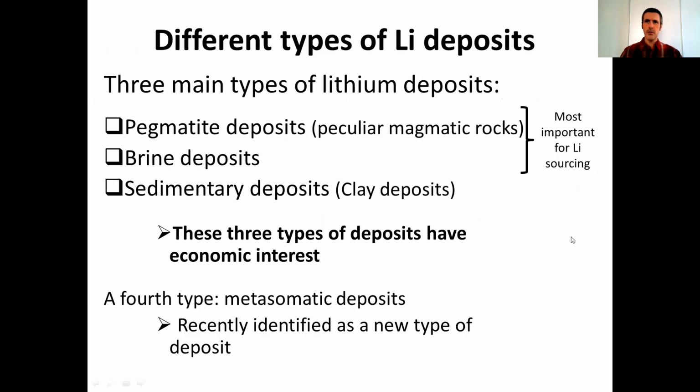And in the second part, we have seen the different lithium-bearing minerals with the characteristics of 3 of them. And today, in the third part of this lecture, we will see the different types of lithium deposits.